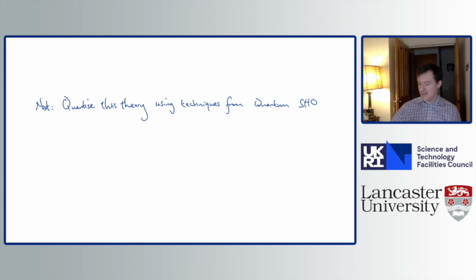If we can quantize the simple harmonic oscillator, hopefully we'll be able to take those techniques across and also quantize this theory of the real scalar field. So that's where we're going next. We're going to look at the quantum simple harmonic oscillator and review some of the techniques that we can pull across to our field theory calculation.